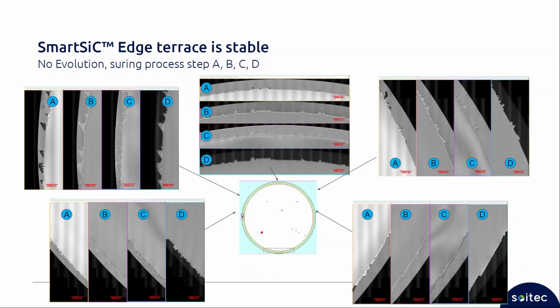Here are pictures after the splitting, after annealing, after CMP, after the reverse, and after epitaxy. Exactly the same signature. You can observe that we have an edge shape, an edge trace. Sometimes we can add some local variation of the edge trace, depending on the local variation of the edge shape, either on the donor or on the handle wafers. But it does not move during the process. It's fully stable.